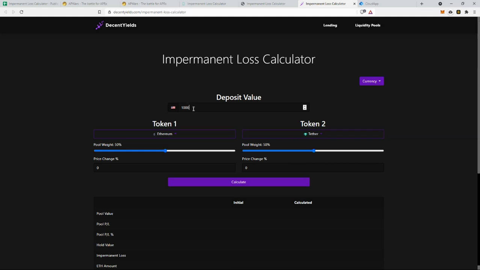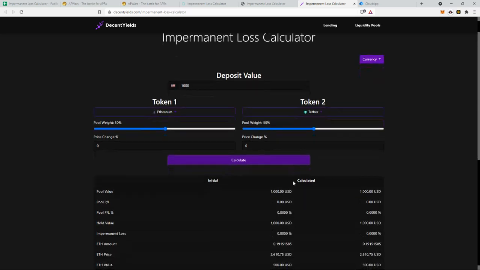Let's say that you are depositing $1,000 in the pool and that when you first started you had $1,000 initially. This means that you have deposited $500 of Ethereum and $500 of USDT in that pool.